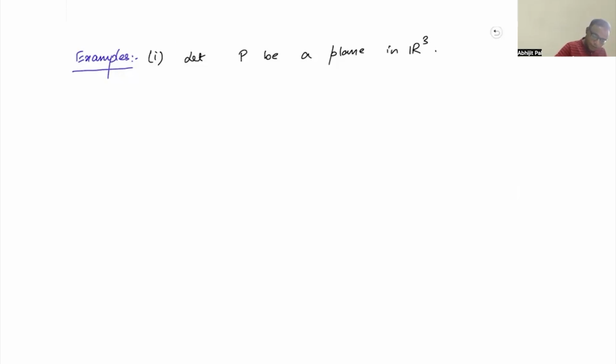So now suppose you are given this plane. So this plane is given, and now let us take a point here, A. Okay. So any point in this plane, you can write as follows.